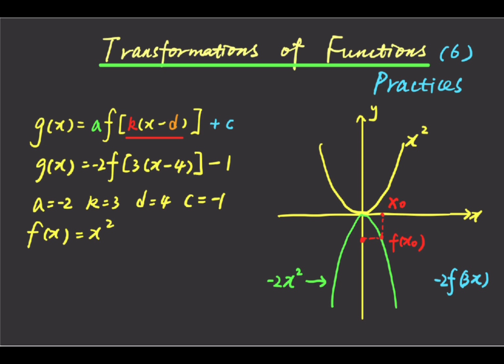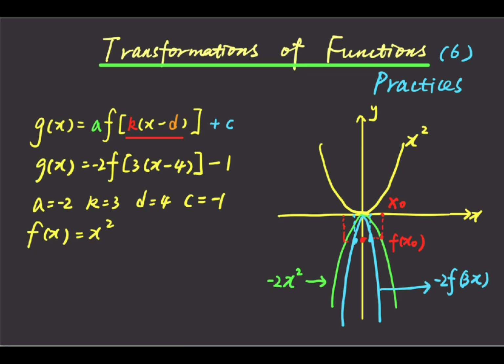That is to say, for this point and this point, the image point should be here. This is the image point for this point and this point. Then we connect the corresponding image points. We can figure out this function's graph. This is the graph of this function, okay?